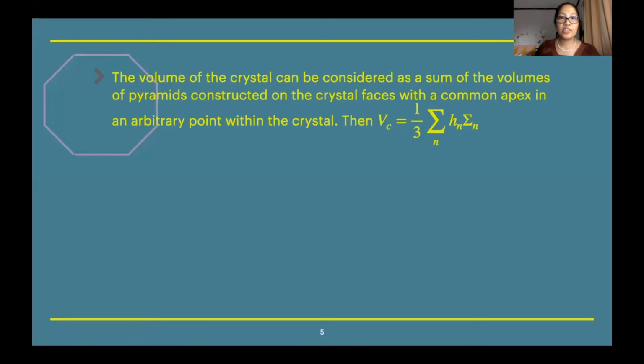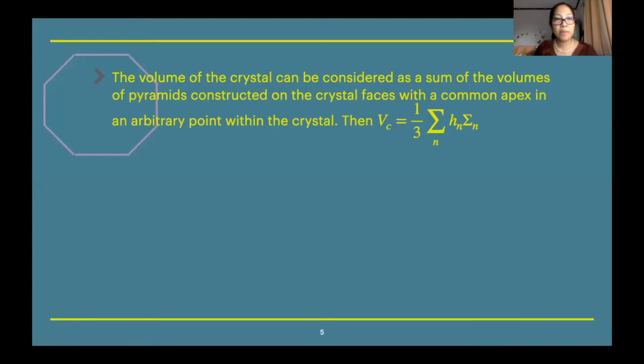The volume of the crystal can be considered as a sum of the volumes of pyramids constructed on the crystal faces with a common apex in an arbitrary point within the crystal. So looking at the polyhedron, the crystal being a three-dimensional object, the polyhedron has the crystal faces which serve as the bases of these pyramids.